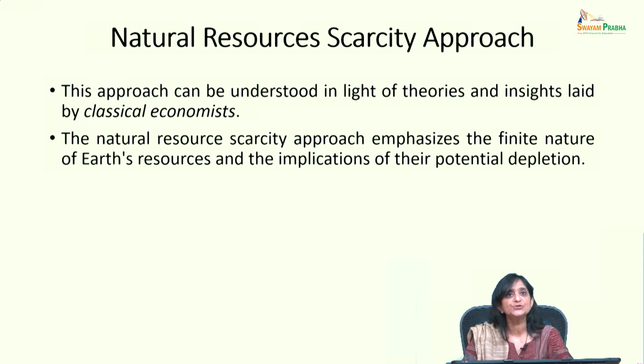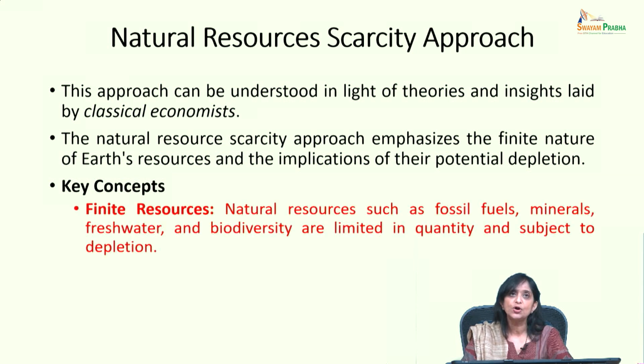This approach emphasizes that nature's resources, the earth's resources, are finite. And whatever we do today has implications for their potential depletion. That is, natural resources, like any other resources, are scarce or finite. They are not infinite. What are the key concepts?